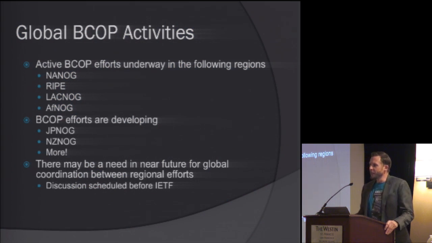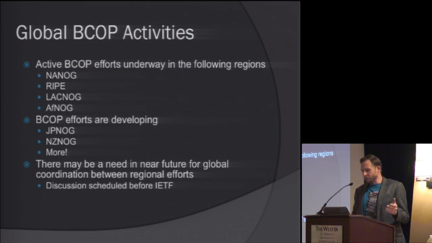The other thing I wanted to mention before we wrap up is that this isn't just a NANOG thing that's going on. BCOP efforts have started around the world. There's one here at NANOG, obviously. RIPE has now a BCOP task force, which works with their other task forces to document stuff, and they've just recently published their first document. I mean, RIPE has been publishing documents for quite a while, but their first BCOP document.